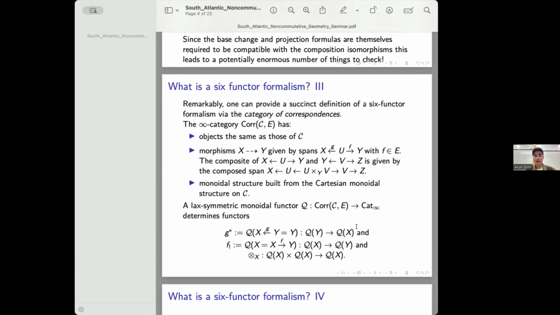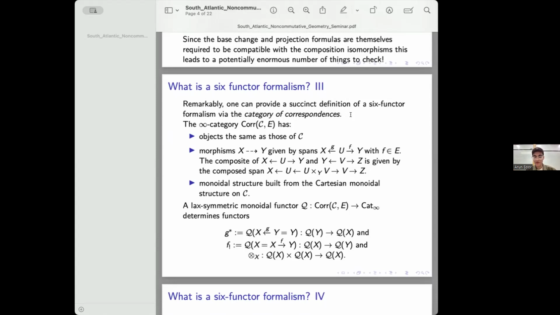By definition, a morphism from X to Y in the category of correspondences is given by a span. So I have to give some other object of C, like some other scheme or topological space, which lives over X and Y with two maps to X and Y. And we're required that the arrow on the right belongs to this special collection E, where we can take shriek functors. Okay, so that's the morphism.